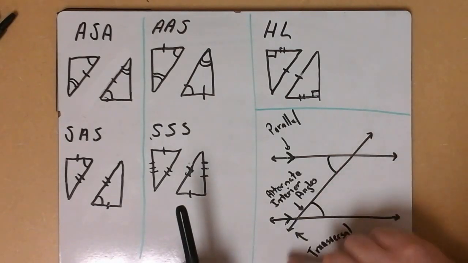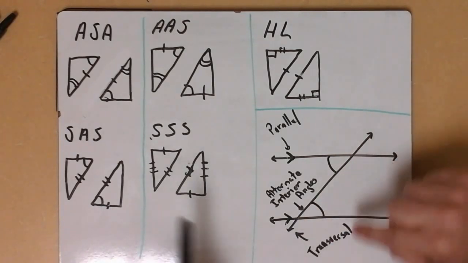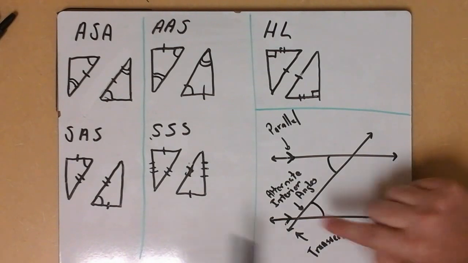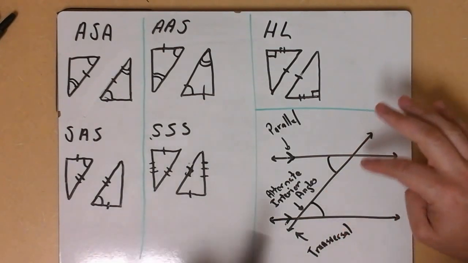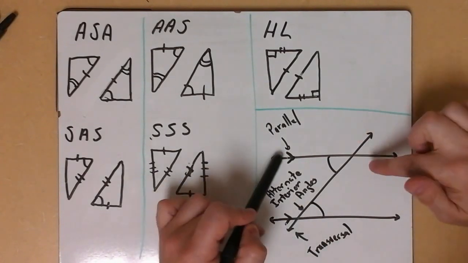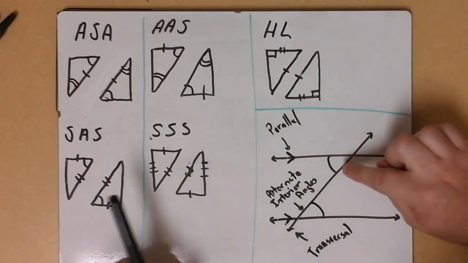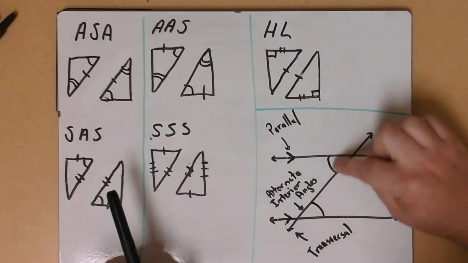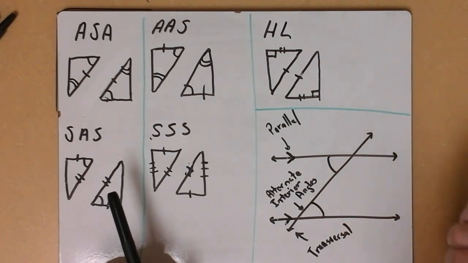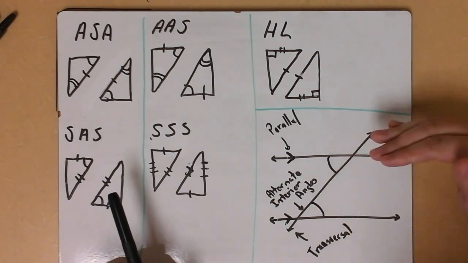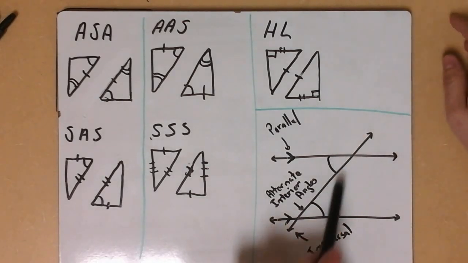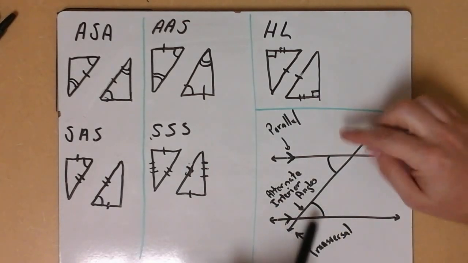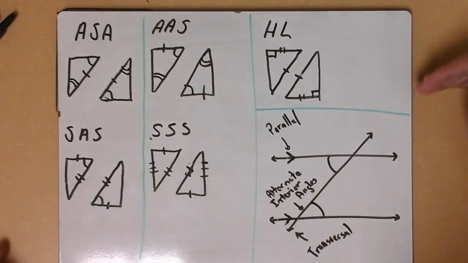Then what I have is I have this line crossing through here. That is called a transversal. Now, as a result of this transversal cutting through these parallel lines, I have a set of alternate interior angles. We call them alternate interior angles because they're alternating on each side of the line and they're inside of the diagram.